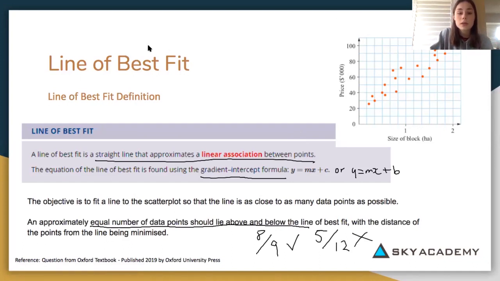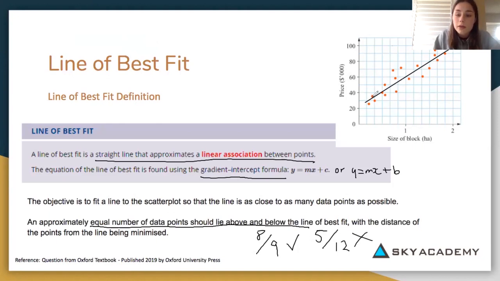So if we have a look at this example in the corner, your first step to getting the line of best fit would be to draw a line down the middle of all the points. So if I was to draw a line down here, let's say about there, and then my second step would be to count up the points above and count up the points below.